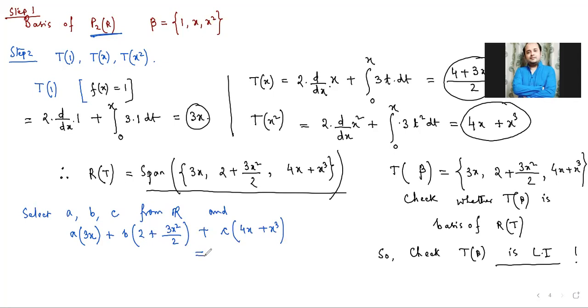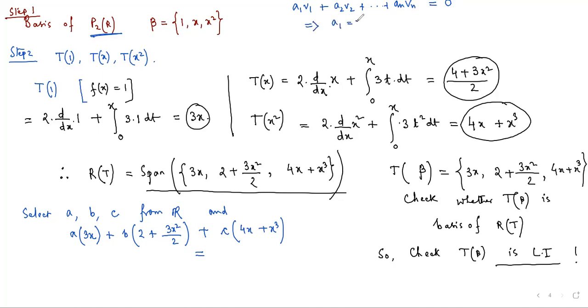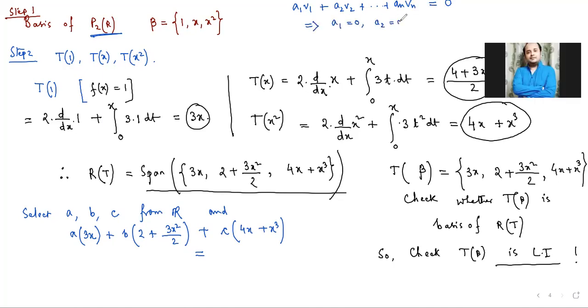And on the right hand side, what will I write? To check whether vectors are linearly independent, we take their linear combination a1 v1 plus a2 v2 plus dot dot dot an vn equal to 0, and if it implies a1 equal to 0, a2 equal to 0, an equal to 0, then we can say this is linearly independent.